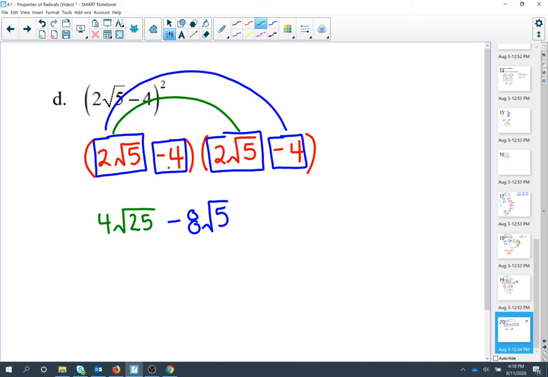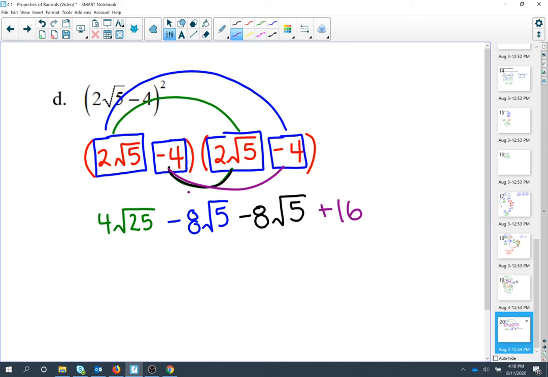Then I'm going to take my negative 4 times my 2 root 5. So outsides, negative 4 times 2 is negative 8. Inside, I just have a root 5. And then last, negative 4 times negative 4 is positive 16.